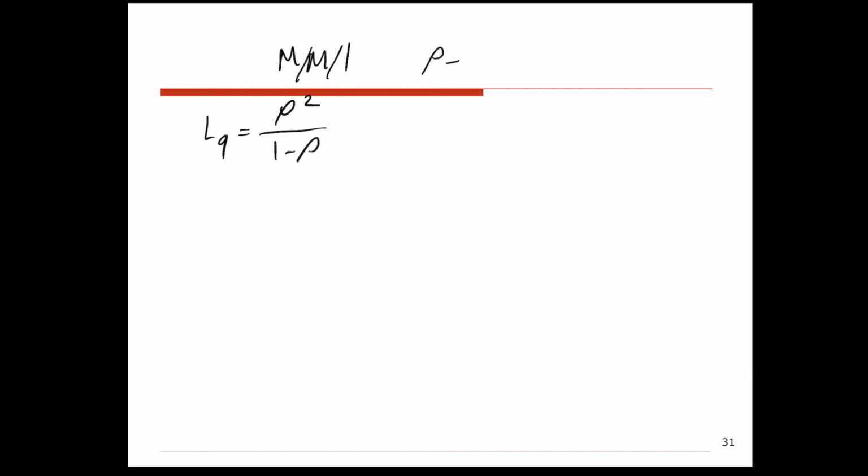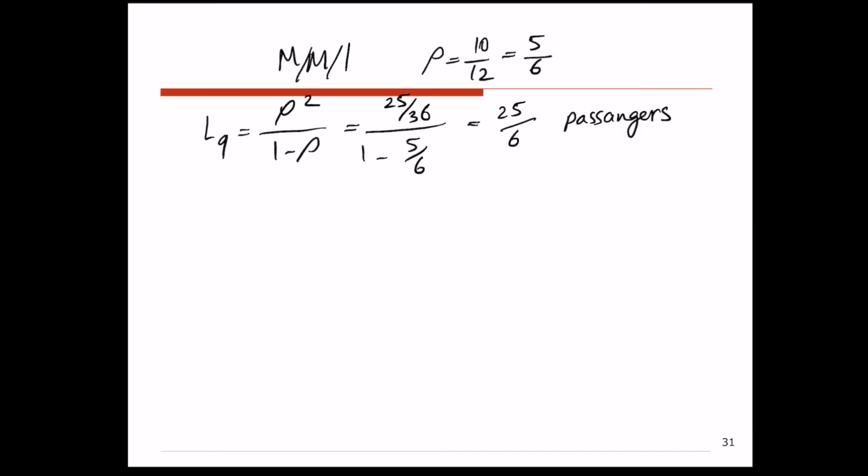Given that rho equals 10 over 12 or 5 over 6, LQ is going to be 25 over 36 divided by 1 minus 5 over 6, and that's going to be 25 over 6 passengers. So this is the average number of passengers that are waiting in the queue to finally get their security check done.